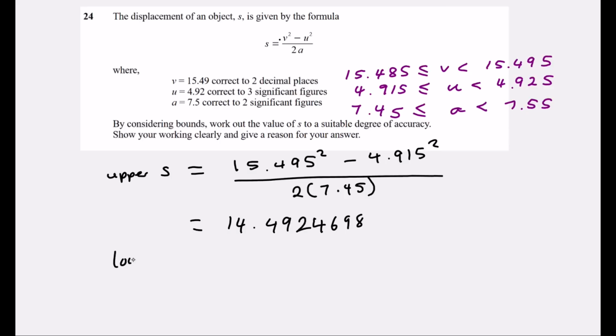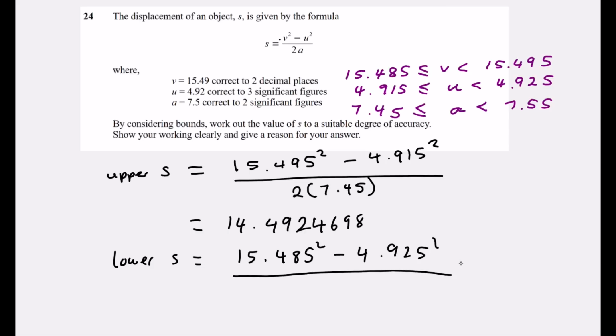And the lower bound for S, so we want the other ones. The smallest possible one to start, 15.485, take away the biggest possible u squared, take away 4.925 squared, over 2 times the biggest possible a, 7.55.